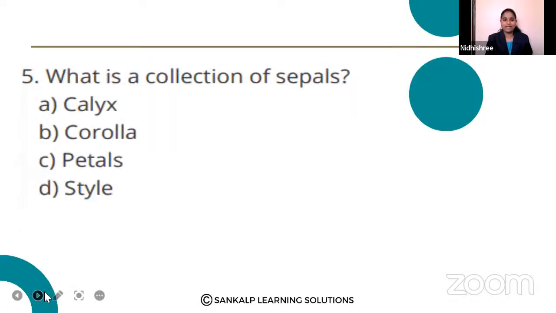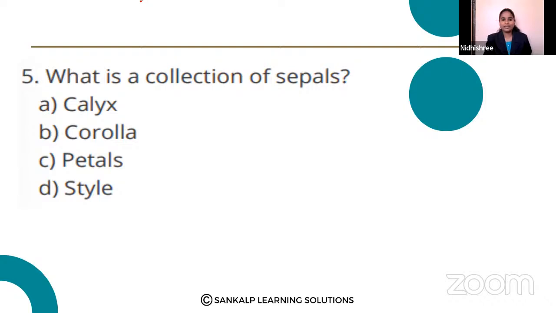Fine. Next. What is the collection of sepals called as? A, calyx, B, corolla, C, petals, D, style. Very good, Kanchana, to attract the pollinator. She gave an explanation for the previous question. Good going.